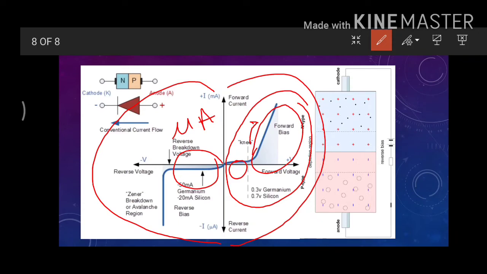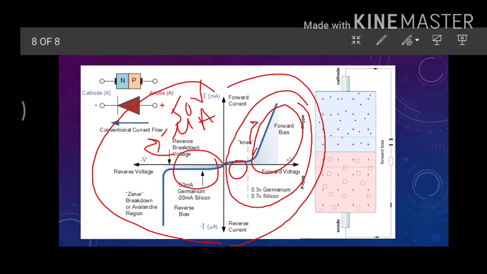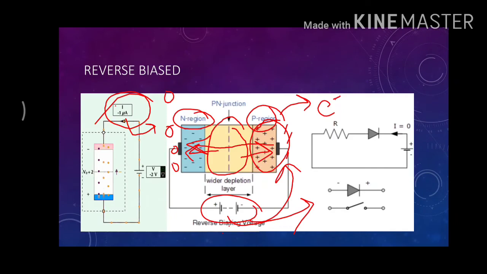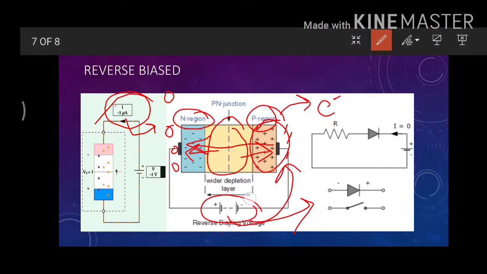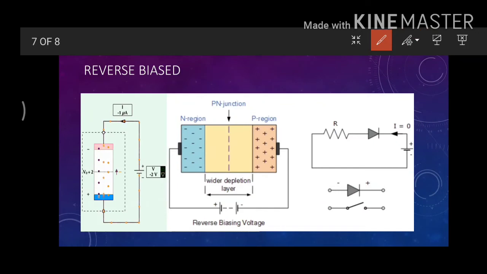So what is happening here is, as we increase the reverse voltage to around negative 50 volt, the voltage in the opposite direction is so powerful that the minority electrons in the p region, when they move toward the n region, gain a lot of energy from the external electric field we have created.